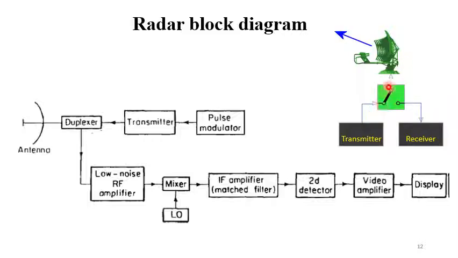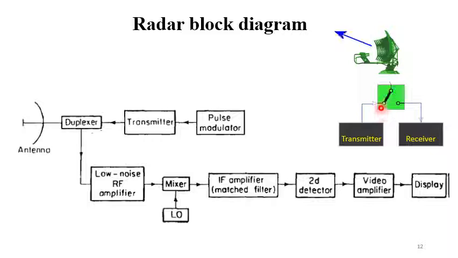So this switch is closed and the power will go to the antenna, and during the reception part, when the antenna receives some echo signal, this switch is connected to the receiver. That must be done automatically. Though it is showing a mechanical single pole double throw type of switch, actually it must be an electronic switch.